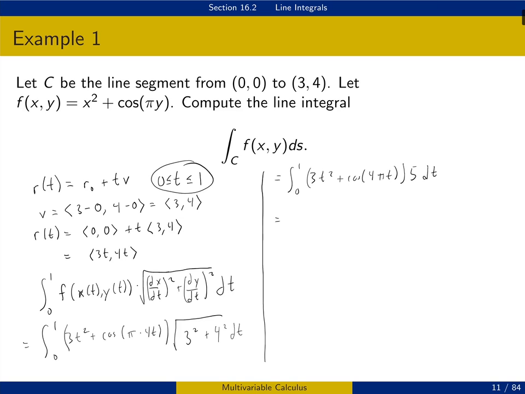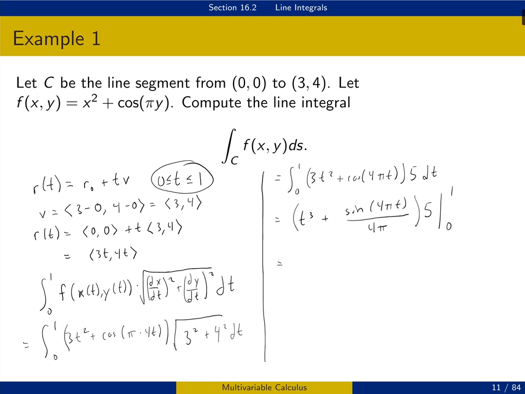The antiderivative of 3t squared is t cubed. The antiderivative of cosine is a simple u substitution. It's sine of 4 pi t over 4 pi. All of this is multiplied by 5 still. It's a constant multiple. It's evaluated at 0 and 1.